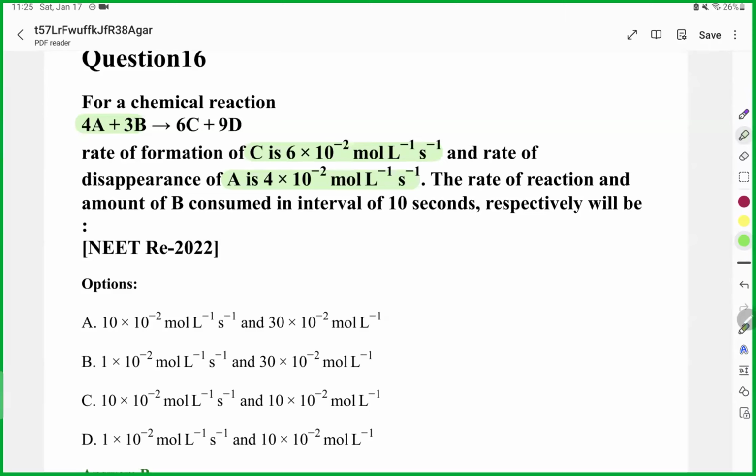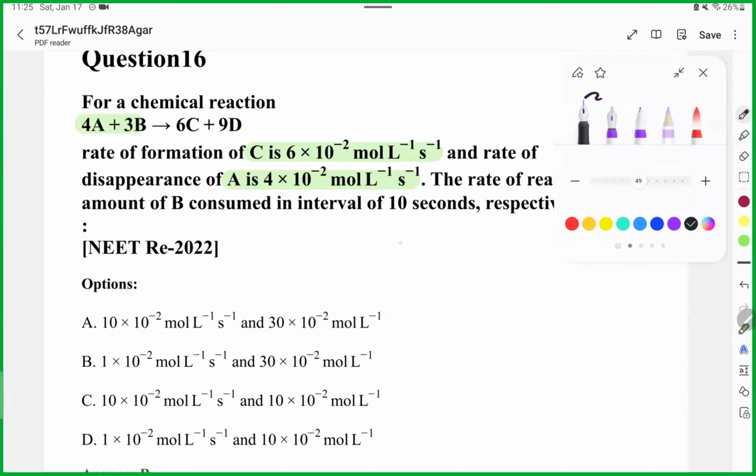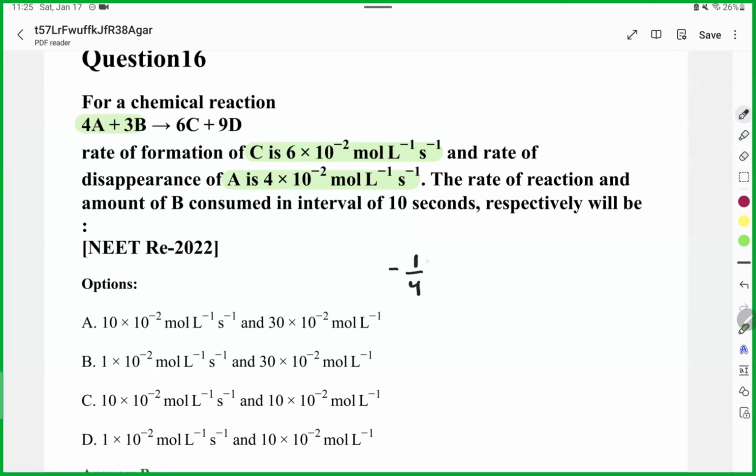Option B. It is A and C that are given in the relation as of now. So for A, it will be minus 1/4 delta A by dt, and for C, it will be 1/6 dC by dt.